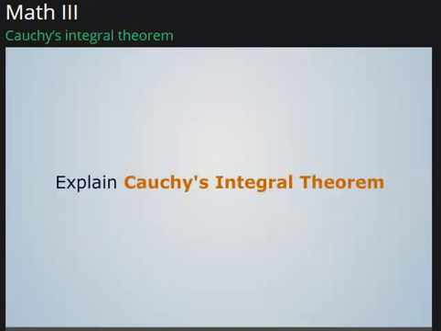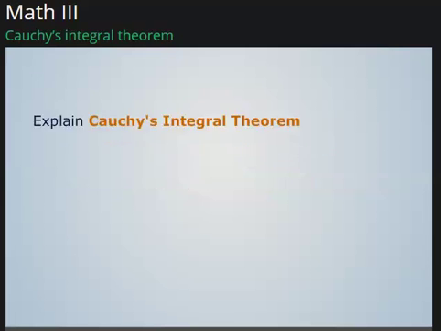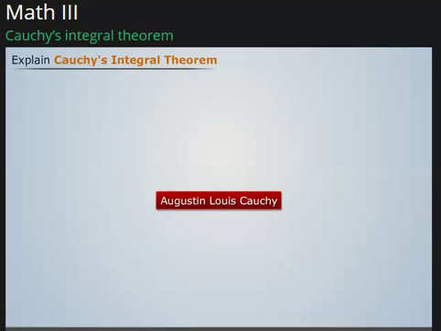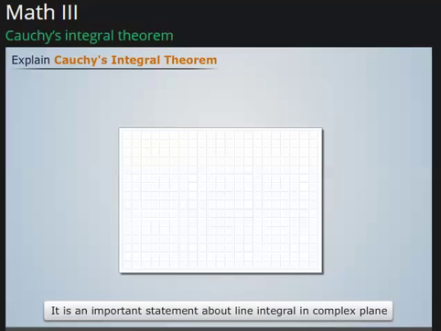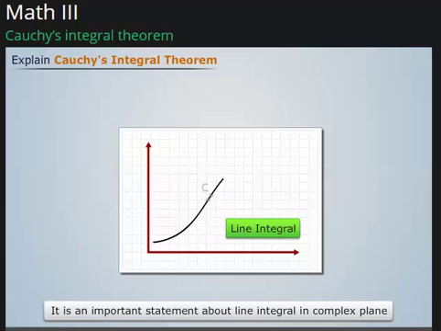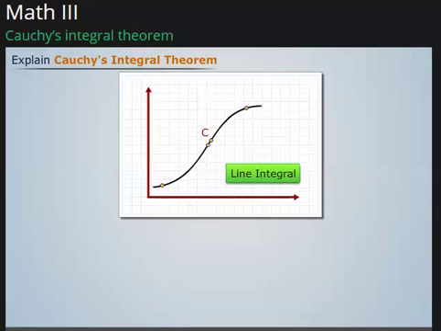Explain Cauchy's integral theorem. The theorem was given by Augustin Louis Cauchy. It is an important statement about line integral in complex plane. Let a complex valued function in the complex plane be given as.